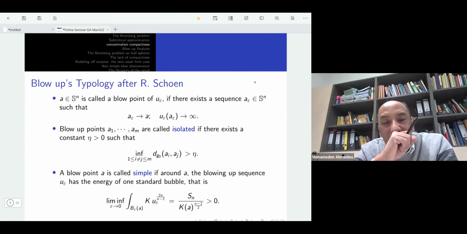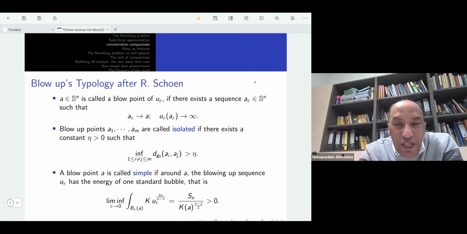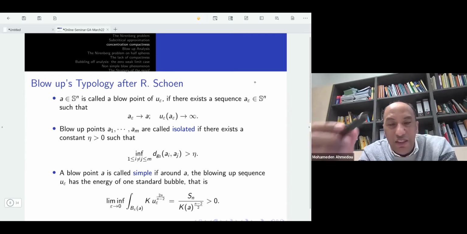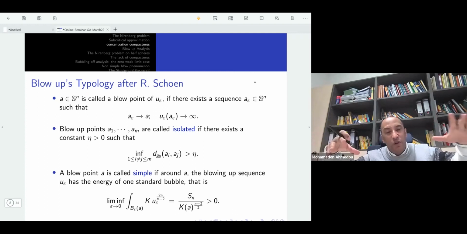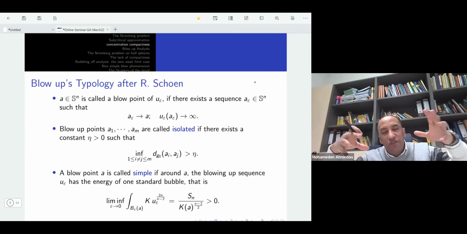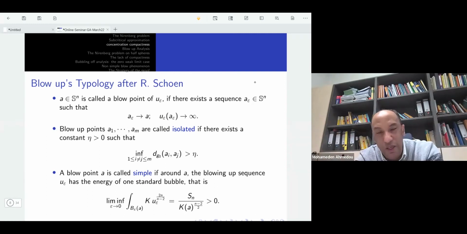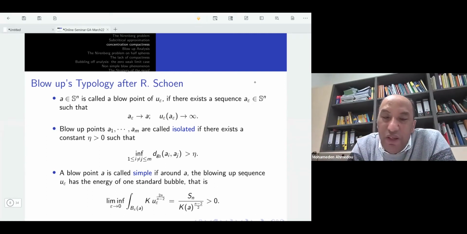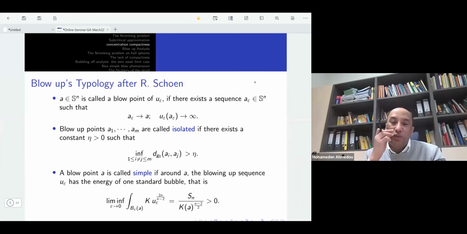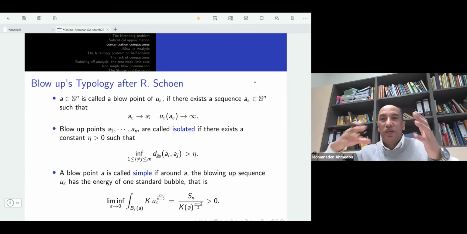And this blow up is called isolated if every two blow up points are far from each other, in the sense that there is an eta such that the distance is lower bounded by some positive eta. This means that there is no continuum of blow up points.